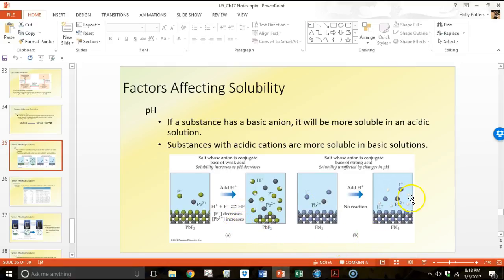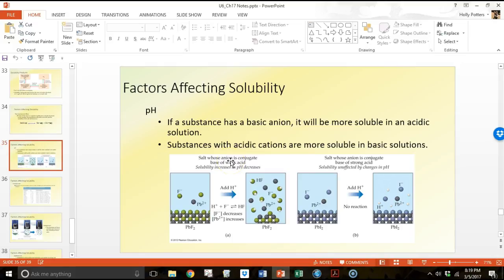So we don't see any effect on solubility by decreasing pH for a solid that involves an anion from a strong acid, but we do see an increase in solubility when the pH is lowered for something that does have a basic anion.